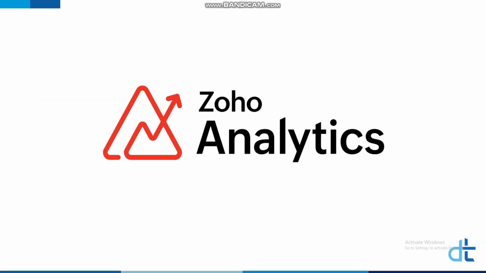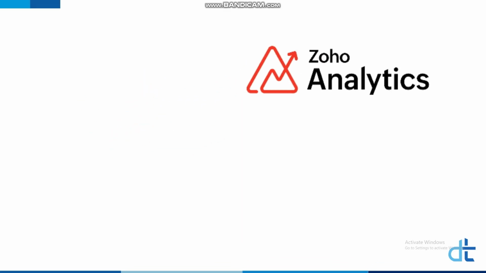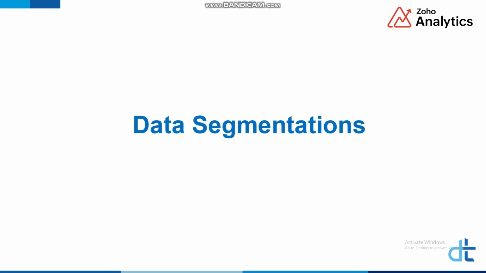So in this part of the demo, we'll take a look at how we can use advanced analytics to segment your data and uncover deeper and more meaningful insights. The first thing is data segmentation.